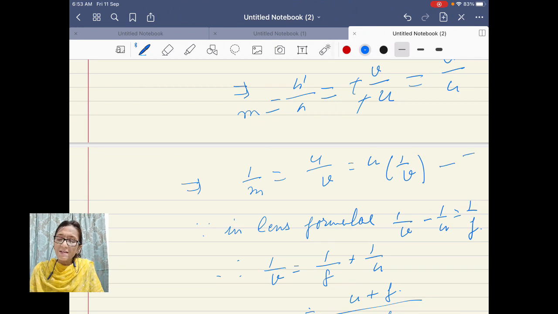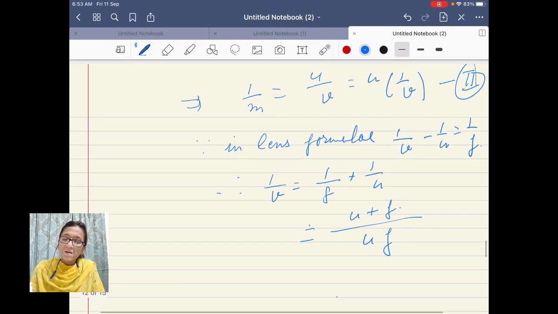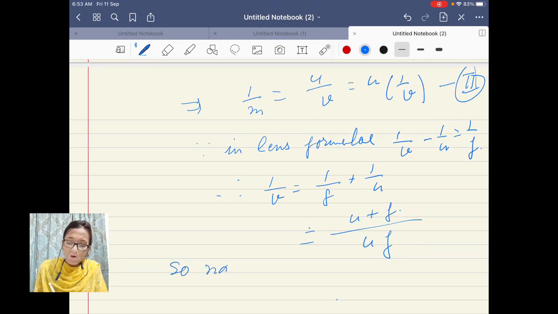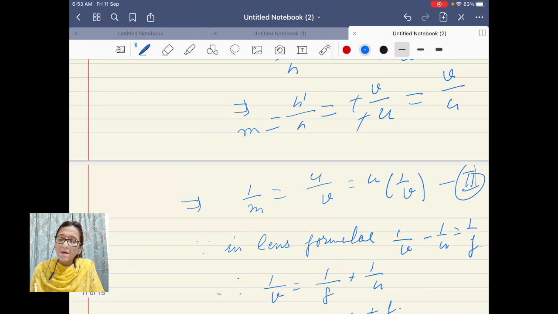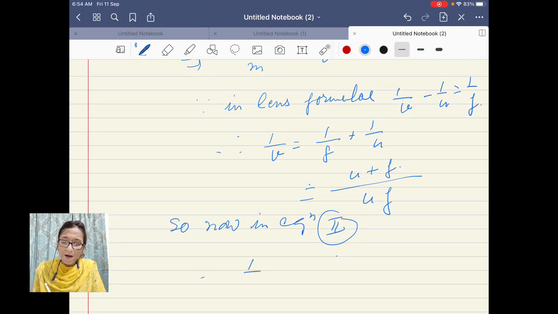So now let us put the value of all these things in equation 2. You find that 1 by m is equal to u into 1 by v.